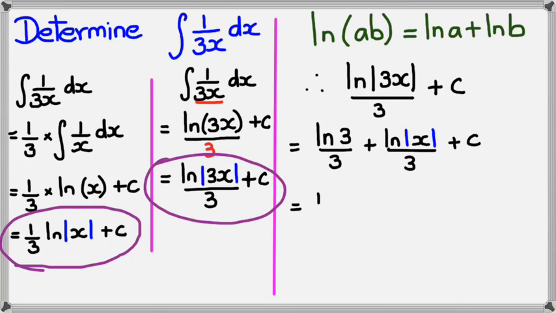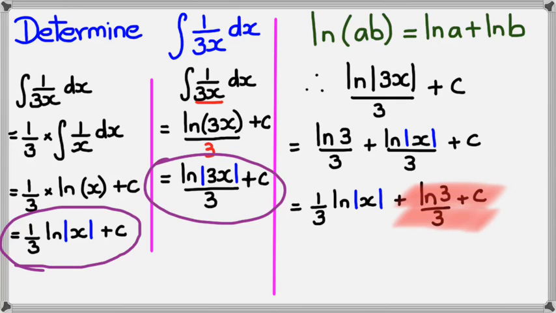Simplifying it further, I would get 1 over 3 ln of x plus ln of 3 divided by 3 plus c. All I've done is I've just rearranged it. Now comes the tricky part. Now the reason both of those purple circles are the same is because what you have is ln of 3 divided by 3 plus c. Whatever's highlighted in red is almost the same as whatever is highlighted in red here.